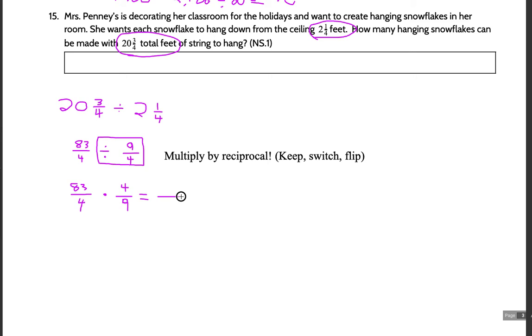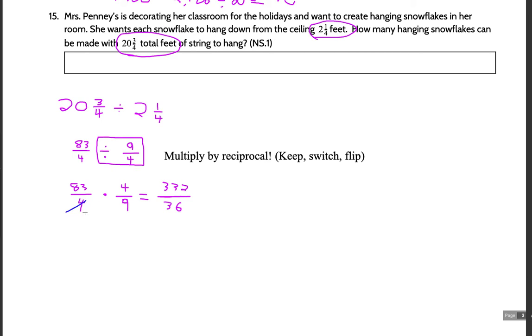Remember when we multiply, you just multiply straight across. So 83 times 4 would be 332. And 4 times 9 is 36. Okay, and then you could simplify this. Or if you thought of it ahead of time, you could see, hey, you have a 4 on the bottom and a 4 on the top.